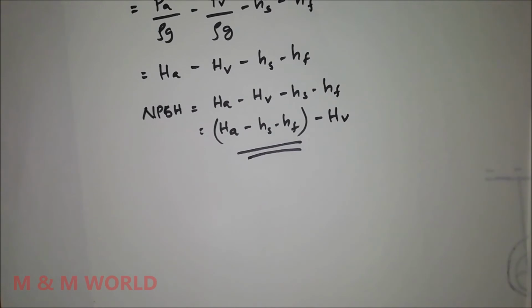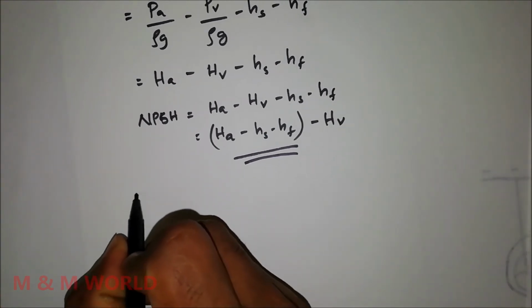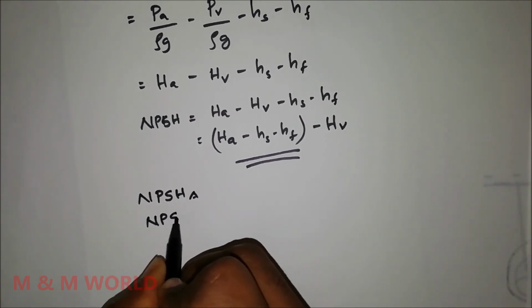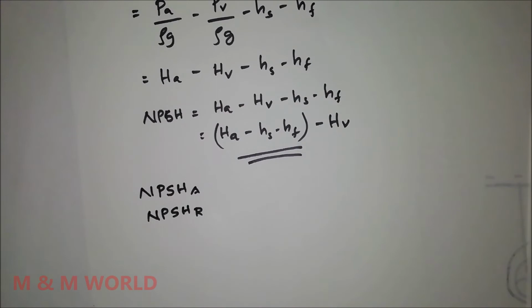So NPSH is the total head required to make the liquid flow through the suction pipe to the pump impeller. And this NPSH has two parts: NPSH available and NPSH required. NPSH available is the absolute pressure at the suction part of the pump, and NPSH required is the minimum pressure required at the suction part of the pump to keep the pump from cavitation.